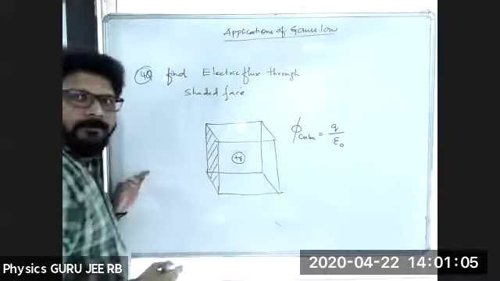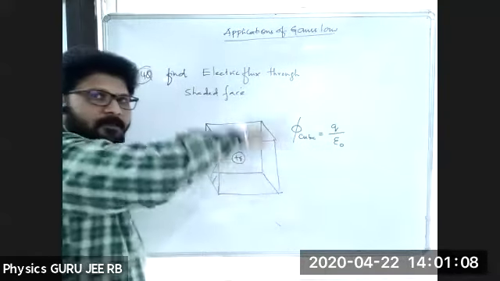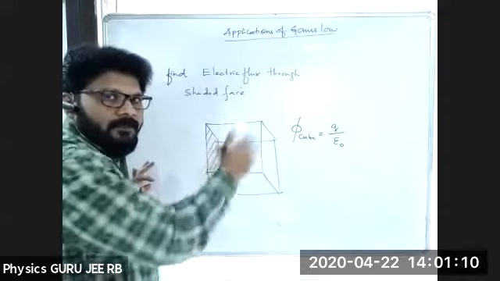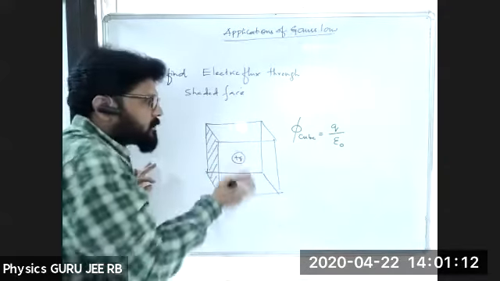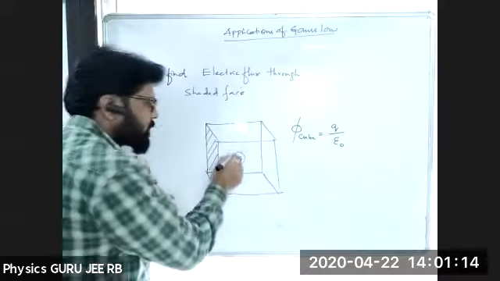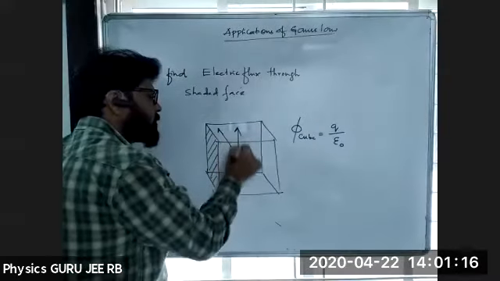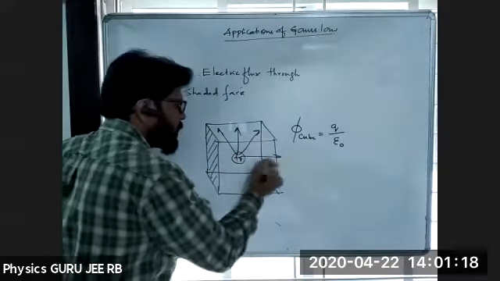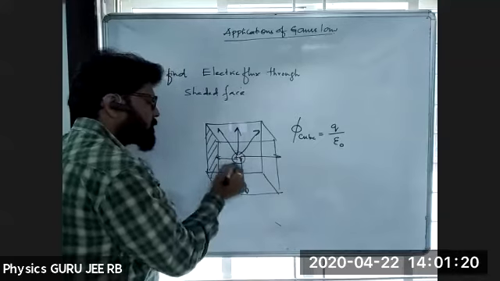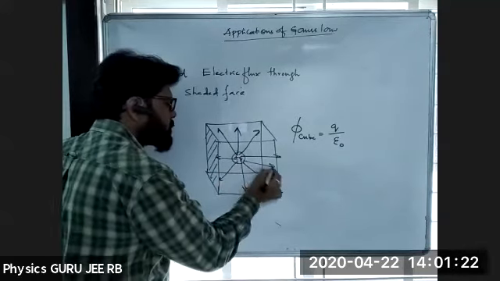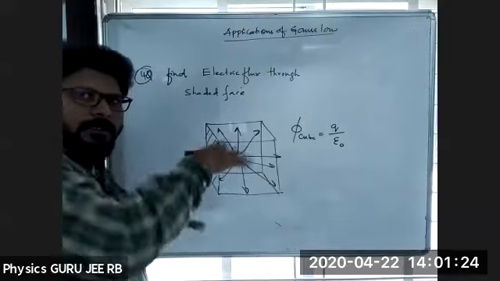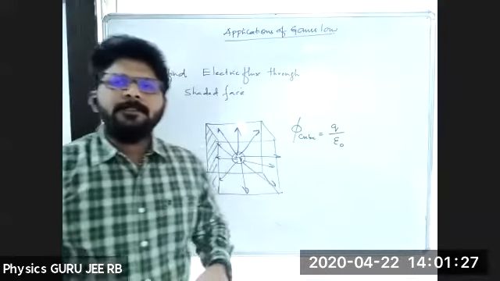This flux is distributed in how many surfaces? Equally distributed in all 6 surfaces, equally distributed through all the surfaces.